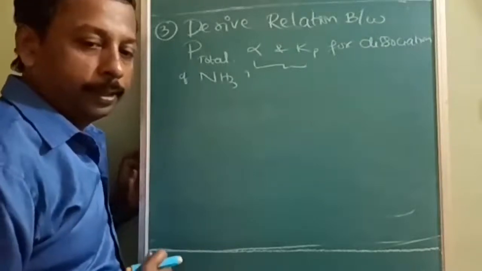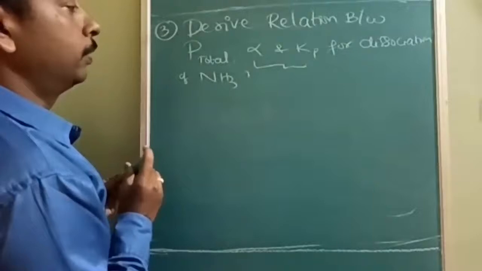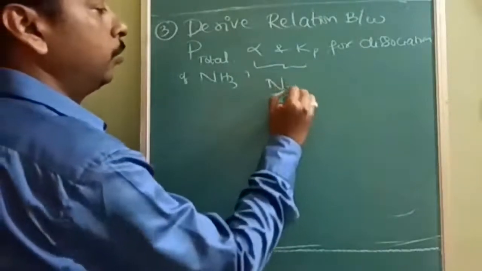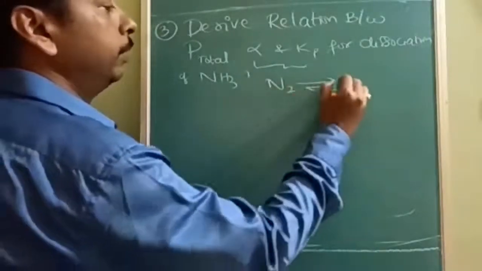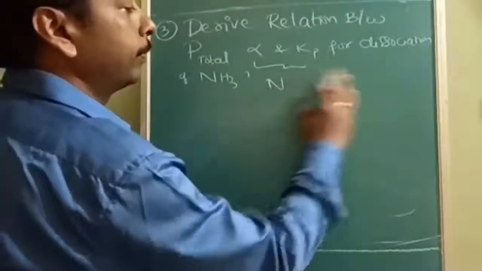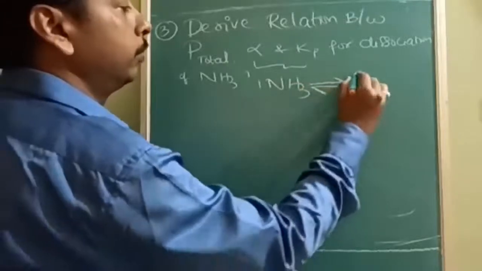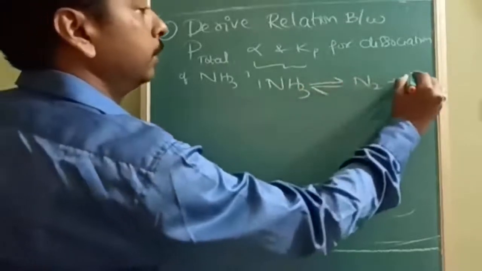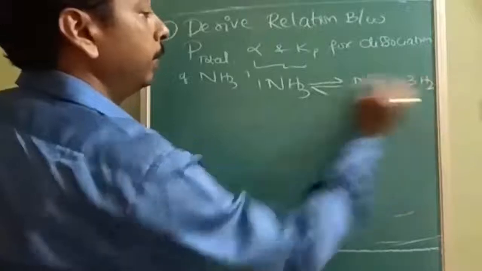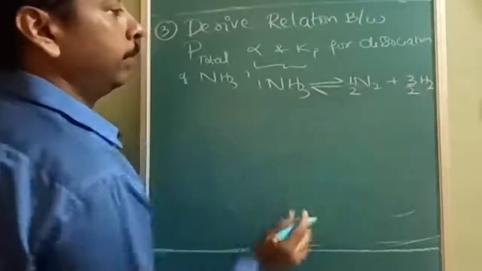See here, I am explaining it. First, degree of dissociation. 1 mole of NH3 dissociates to give N2 plus 3H2. But to keep it as 1 mole, it has to be 1 and it has to be 3 by 2.